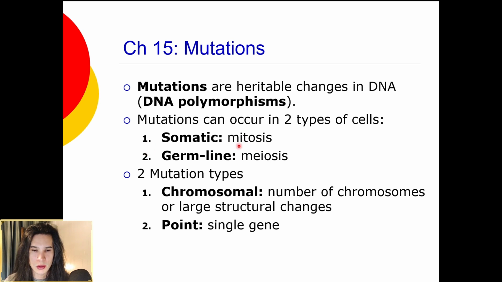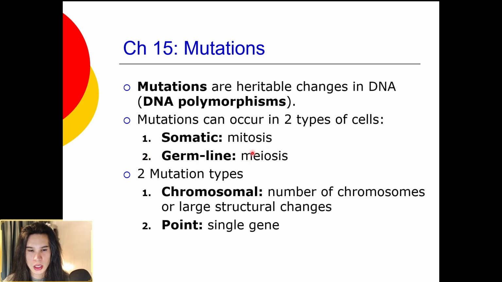So those are all going to be all of the asexually reproducing cells in your body, like your skin cells, or your epithelial cells. And then you could also get mutations in your germline cells.